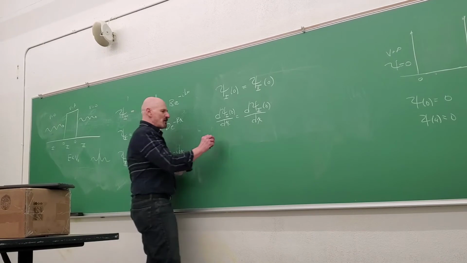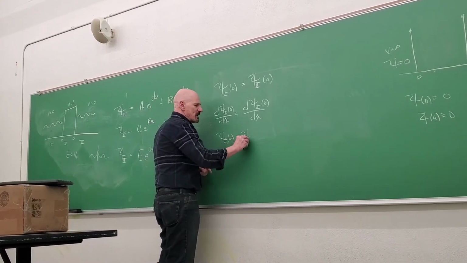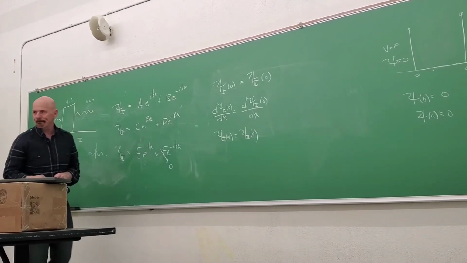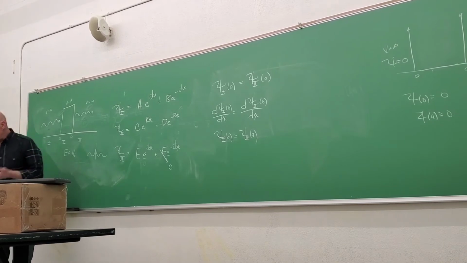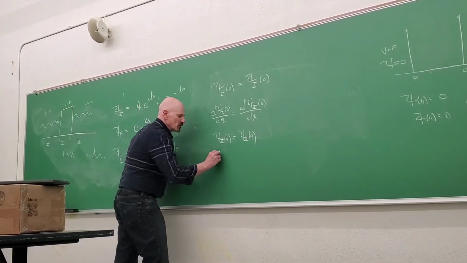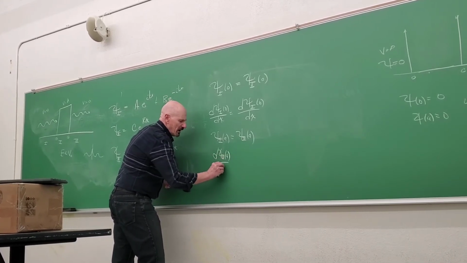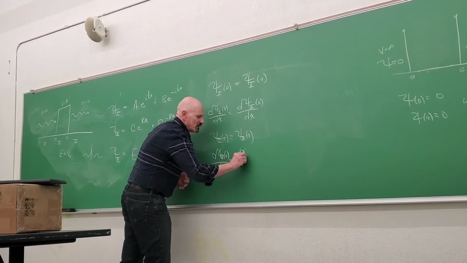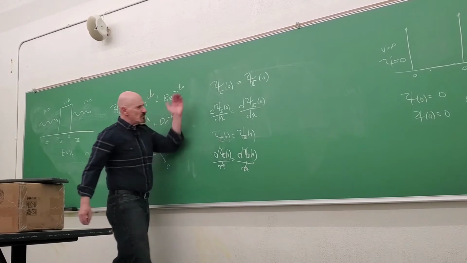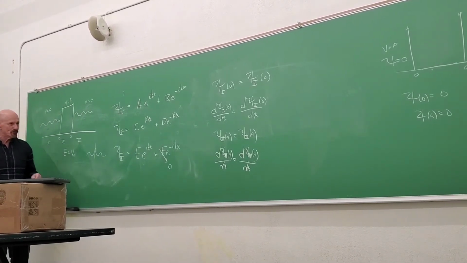So we have that the wave function in region 2 at A has to be equal to the wave function in region 3 at A. That doesn't guarantee continuity, so we have to do the derivatives as well. So the derivative of psi in region 2 at A has to equal the derivative of psi in region 3 at A. These four continuity requirements, I will just do a couple of them.